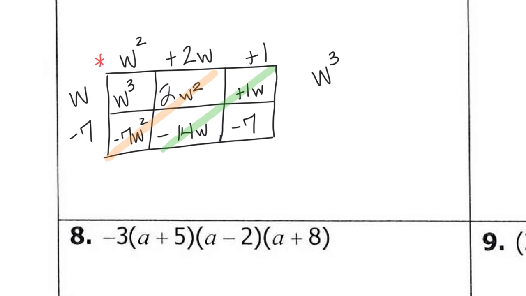And if you combine your like terms, negative 7 plus 2 gives me negative 5w squared. Negative 14 plus a positive 1 gives me negative 13w. And then a negative 7. So this product rule, the box will work 100% of the time, no matter how big your polynomial is.